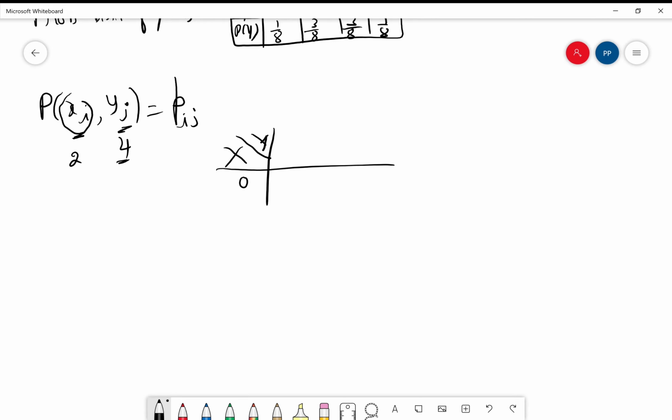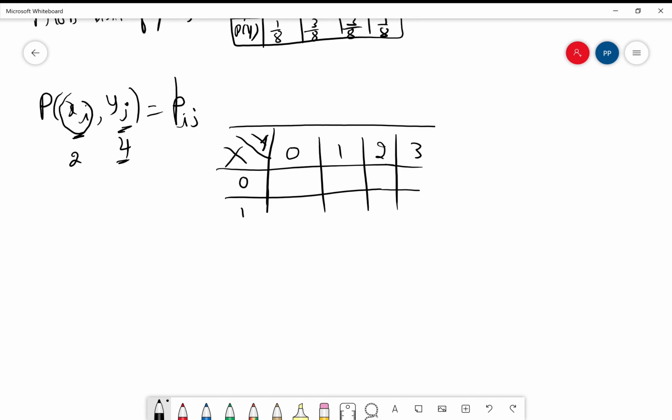X is 0 and 1. Y takes the values 0, 1, 2, 3. Now we have to find these 8 probability values. This is nothing but the probability of x taking the value 0, y taking the value 0. Probability of x taking the value 0, y taking the value 1.